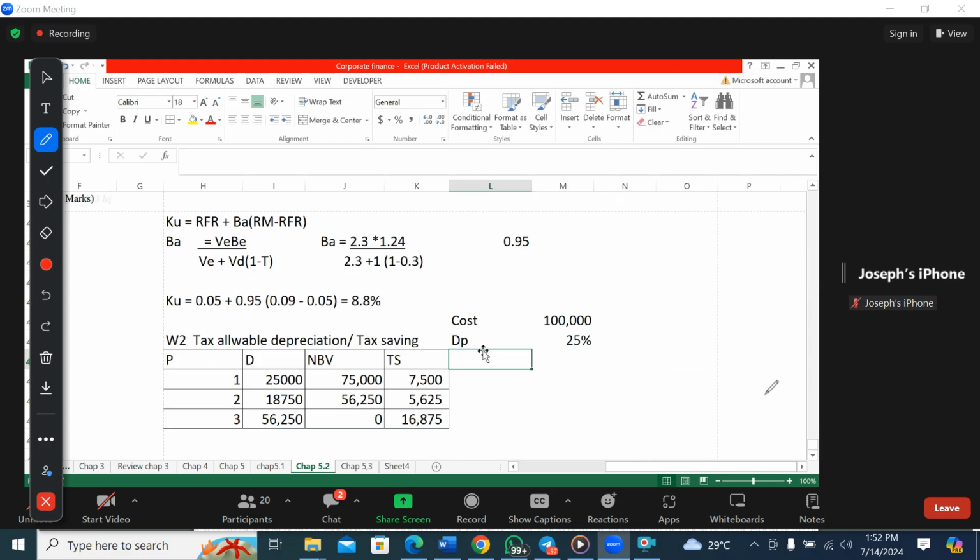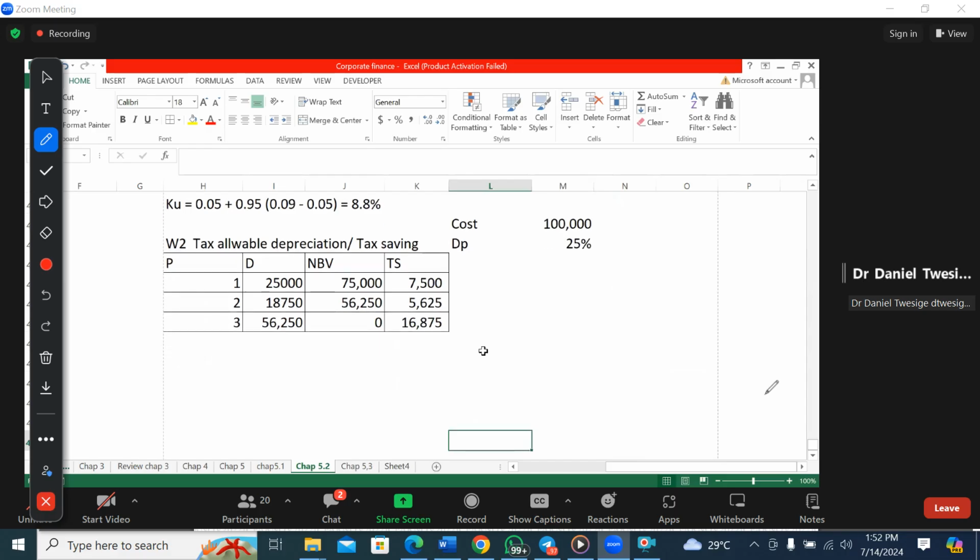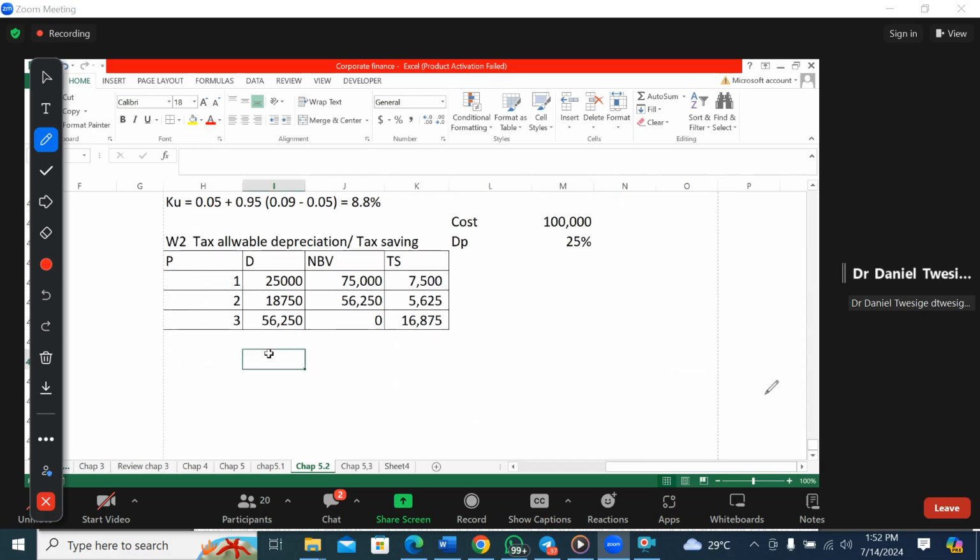Okay, 3 years and then 0 scrap value at the end of 3 years. So now we can get our NPV, value of ungeared business.